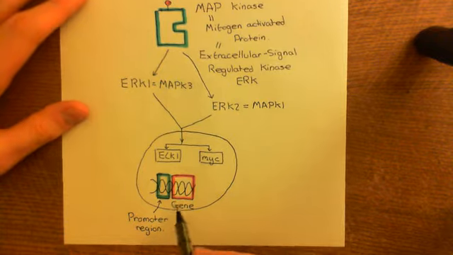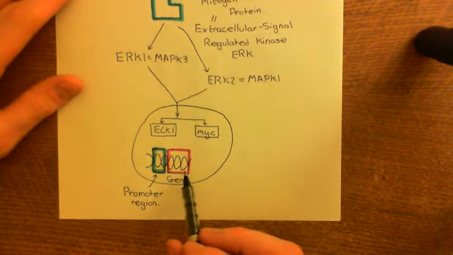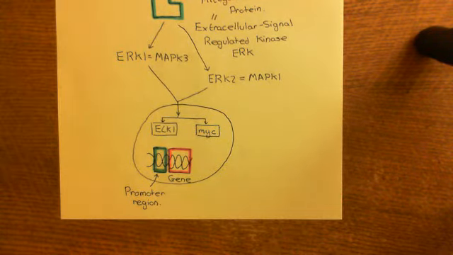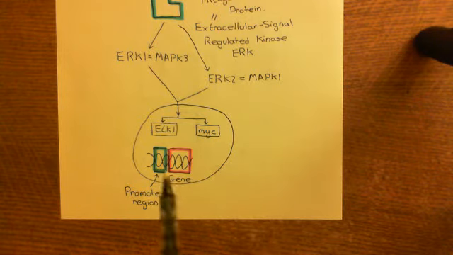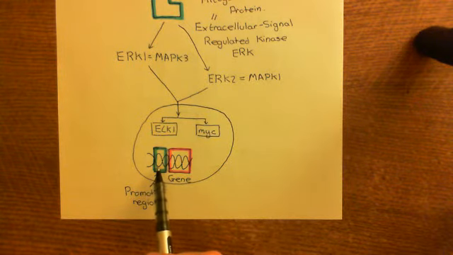Well, in order to make the protein for which this gene codes, you need the enzyme RNA polymerase to come and bind to the DNA and work its way along the DNA and synthesize a piece of mRNA which has a complementary sequence of organic bases to the sequence on the coding strand of DNA. The RNA polymerase has to bind somewhere, and it basically binds to the promoter region.